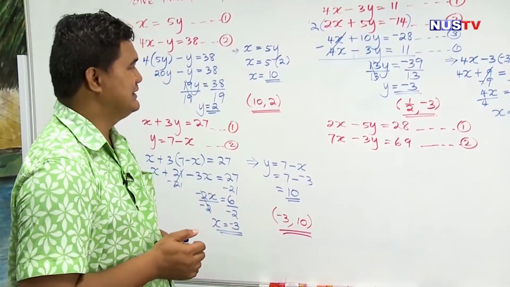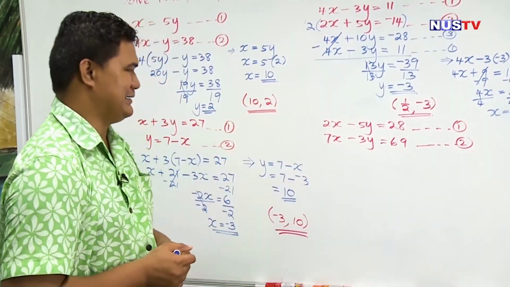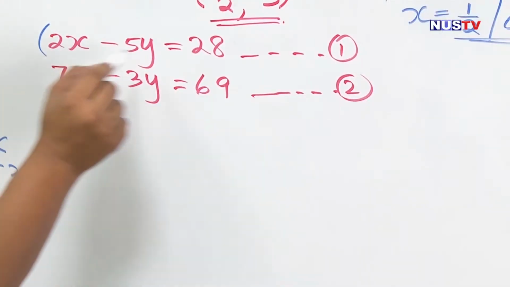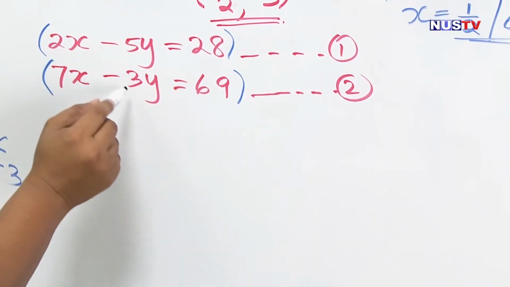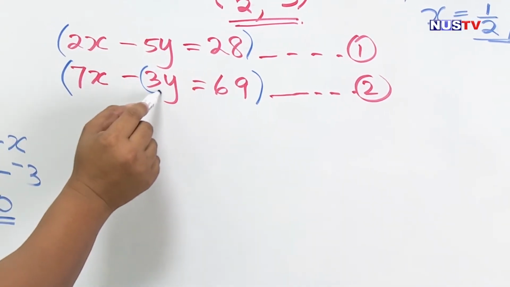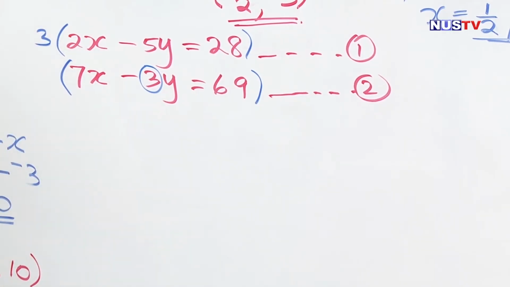But in this case, we already eliminated x earlier, so let's eliminate y here. To eliminate y, we're going to multiply the top equation by the coefficient of y from the other equation. So let's multiply by 3 here.